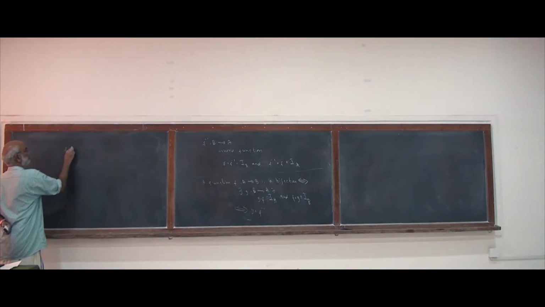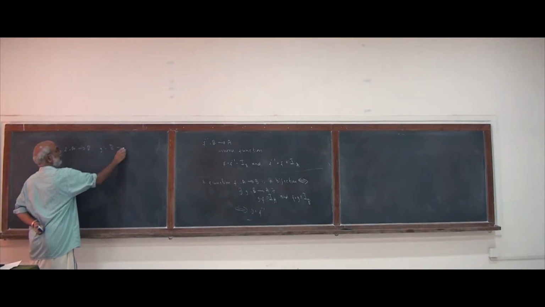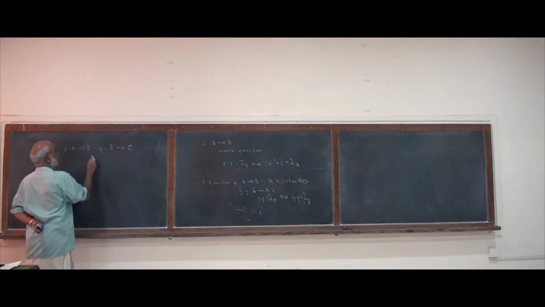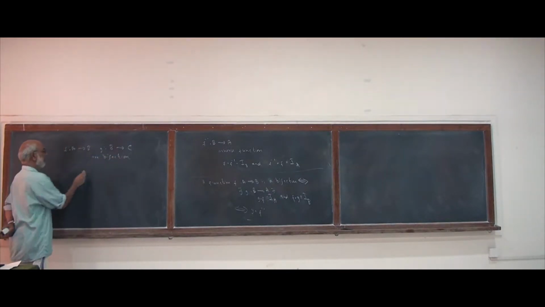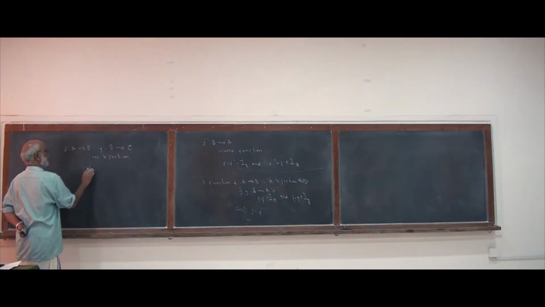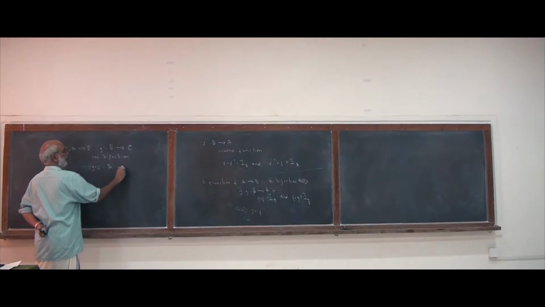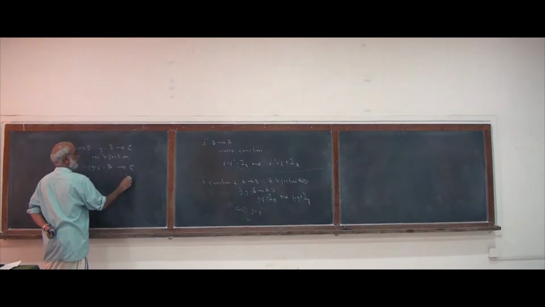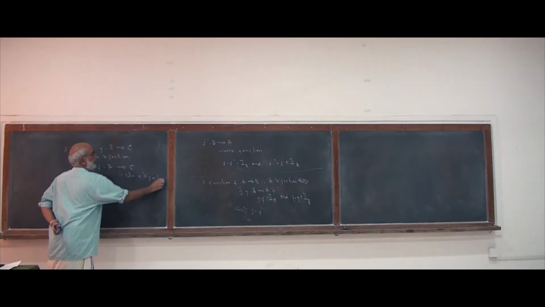Suppose f is a function from A to B and g is a function from B to C, and suppose that both are bijections. Then we have that g composition f from A to C is also a bijection.